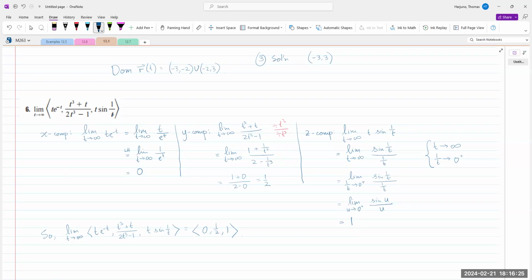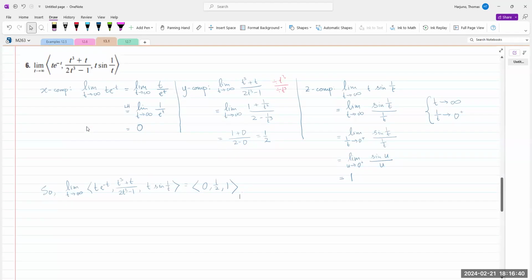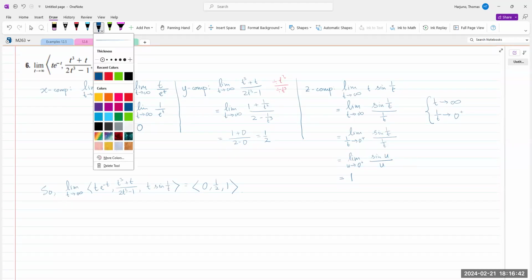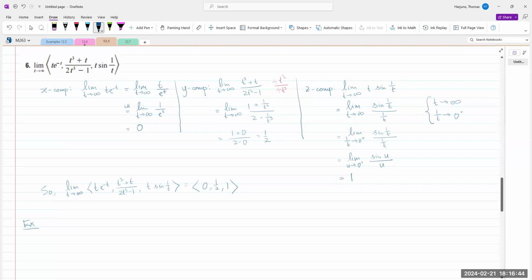Now, if you remember the equation of a line that we learned in the previous sections, I think that's 12.5, in our last lesson, that's actually a vector function. Suppose, for example, call this example 1 for this section. I don't know, just call that another example.